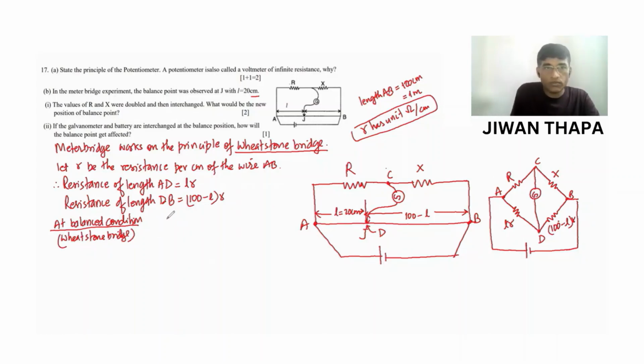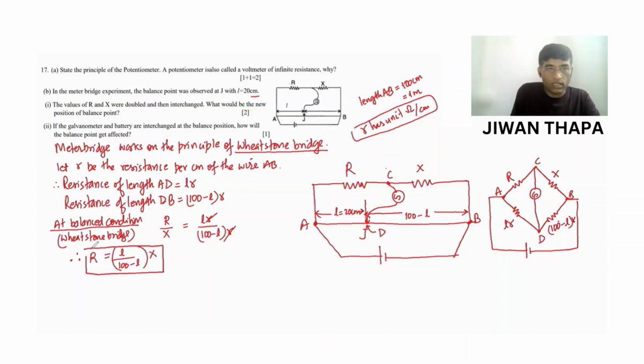The ratio R by X equals the ratio LR by 100 minus L times R. So this cancels out. Therefore, we can write R equals, from this equation on simplification, L by 100 minus L, and we have X.